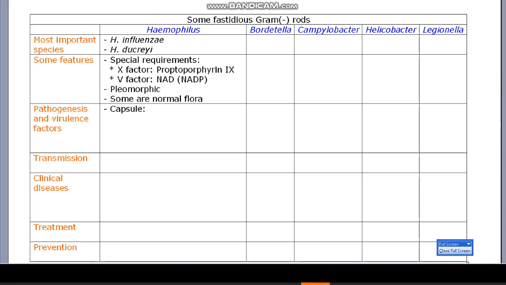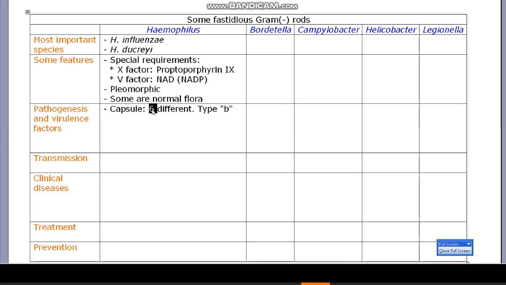Some Haemophilus influenzae, not all, but some have a capsule. The capsule may be found in 6 different forms. So there are 6 different capsules. And the most severe is the type B capsule. The chemical composition of these 6 capsules is different.